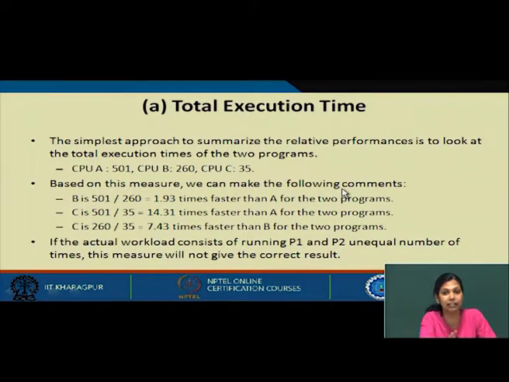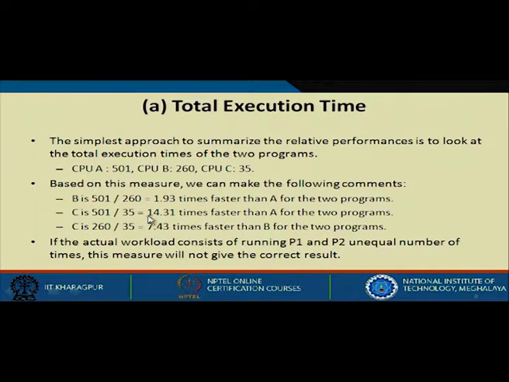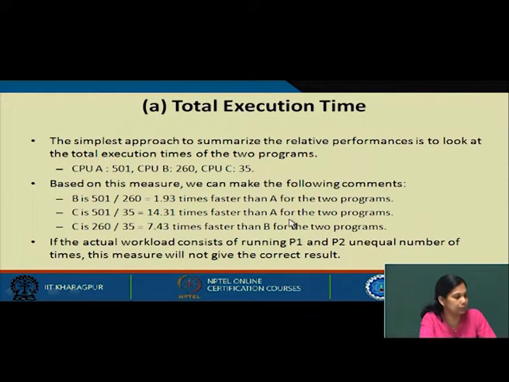Now, we are not taking into consideration individual programs. Now, we are saying something in terms of both the programs. C is 14.31 times faster than A for 2 programs and C is 7.43 times faster than B for 2 programs.